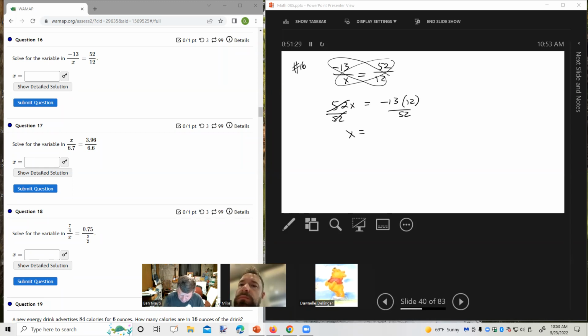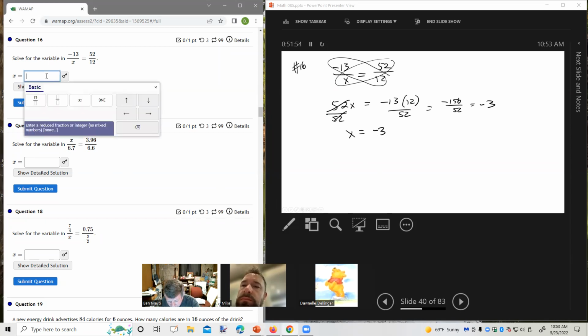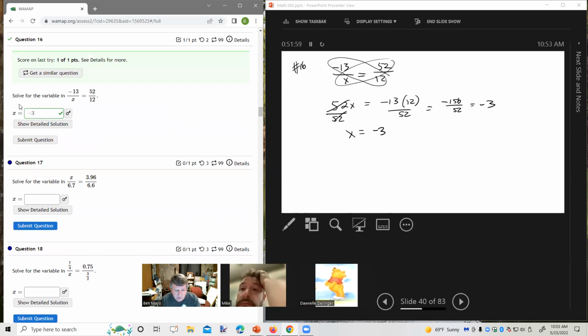If we take -13 times 12, we get -156 over 52. And that comes out to -3. So x is -3. Any questions about that?